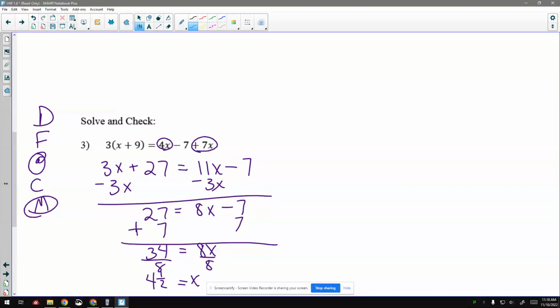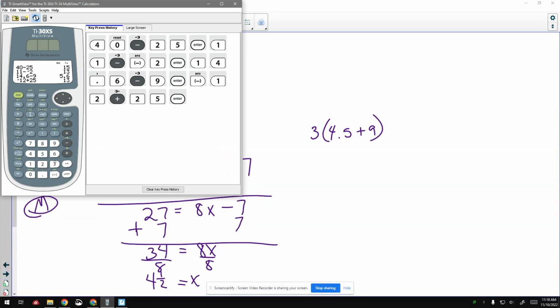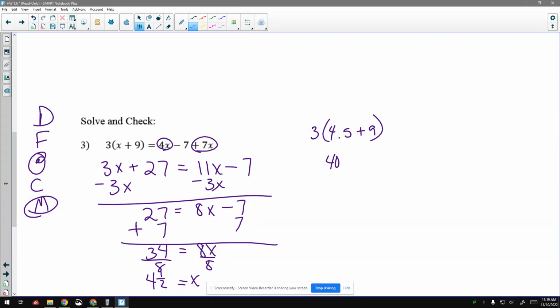Whenever I get anything that's weird, I like to check it. So 3 times 4.5 plus 9. Let's do that. That gives us 40.5 on this side.